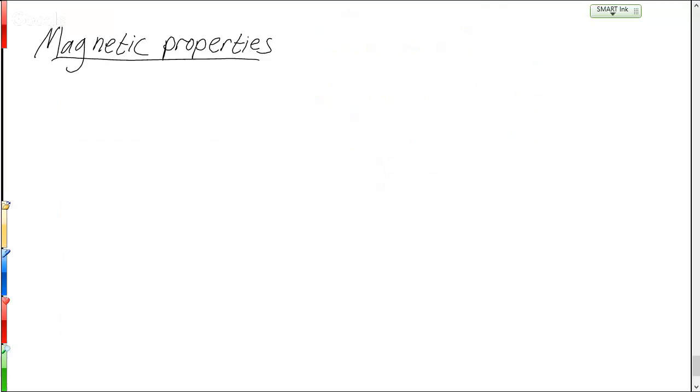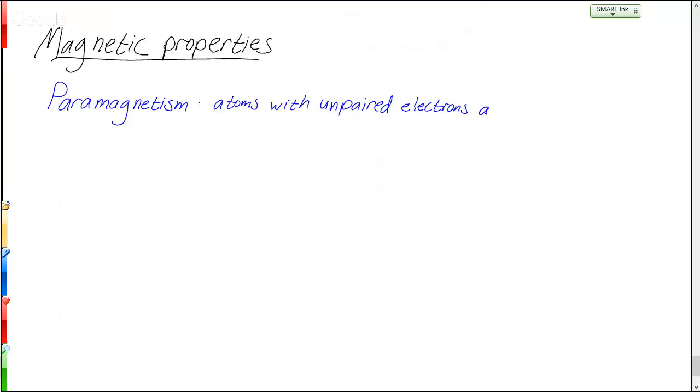We're talking about a different phenomenon called paramagnetism, which is when atoms or molecules, but we won't get into that until chapter 10, with unpaired electrons are attracted to external magnetic fields.